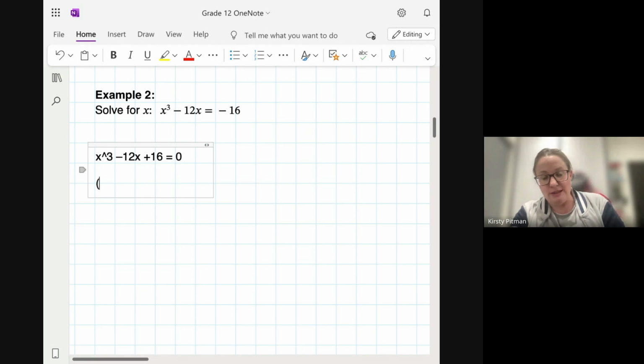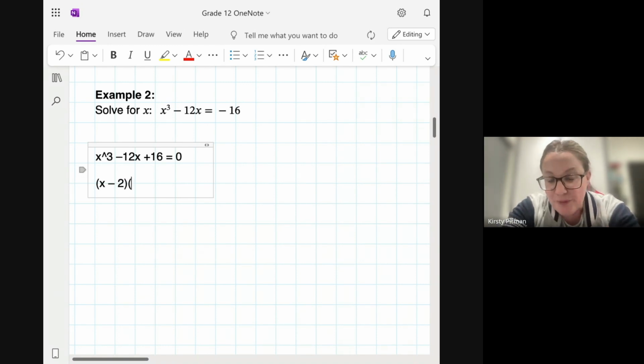It should give you 0. So that means that in our 1 bracket, we're going to have x minus 2. Now we need to work out what else we need to have. So that's my 1 bracket. I've got x minus 2 because I knew that 2 was a factor for this equation.